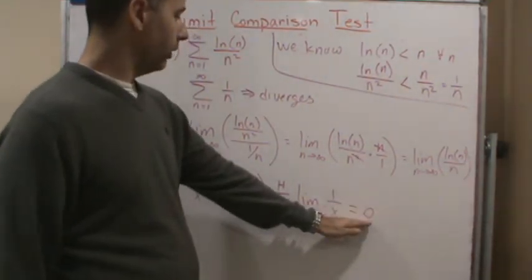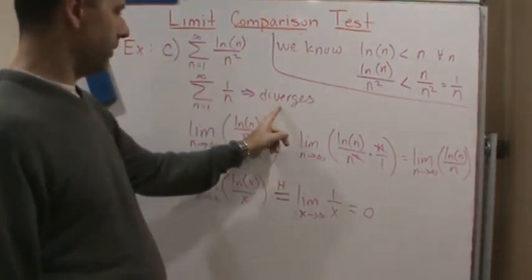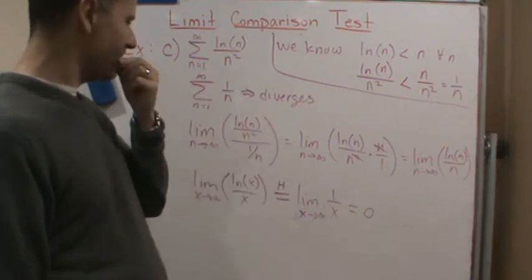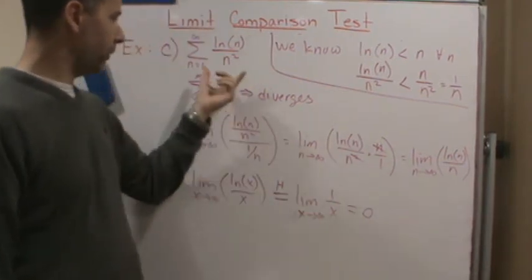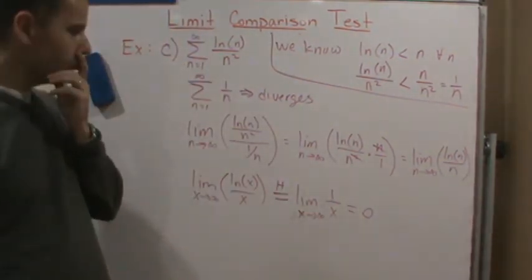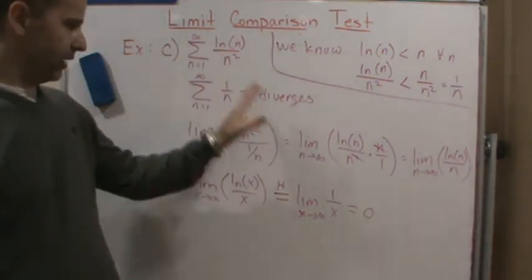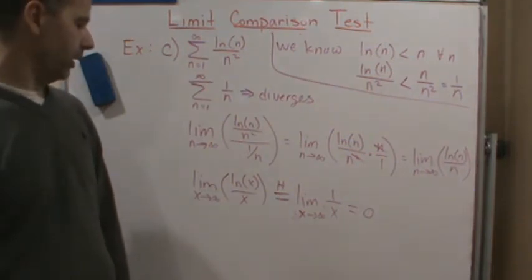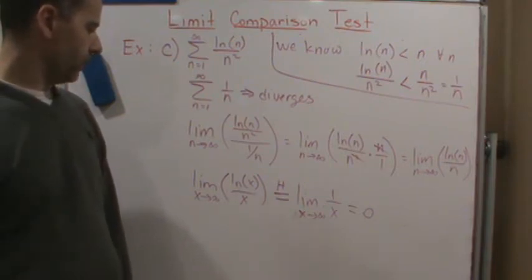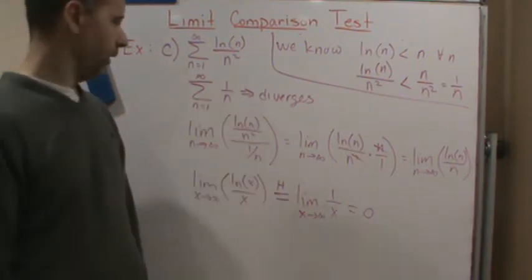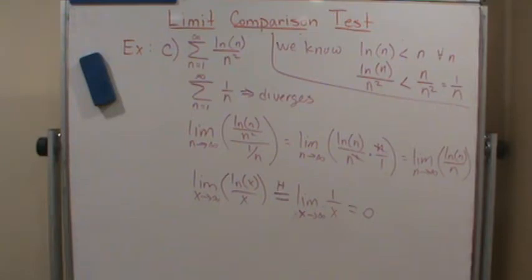This is 0, but the harmonic series diverges. Now, if this converged and we had 0, then we could say that this converges, but this diverges. So in this case, we cannot determine anything. The result is inconclusive. So we can't determine what the result would be.